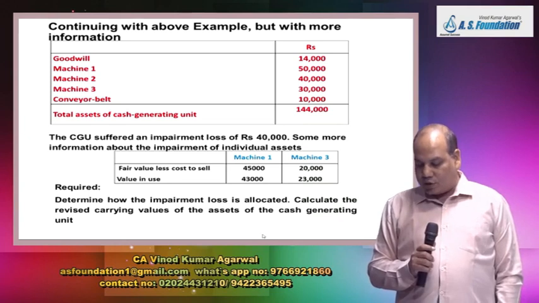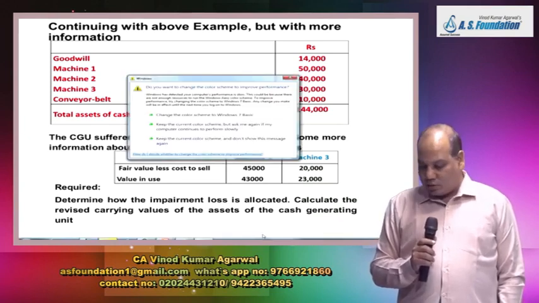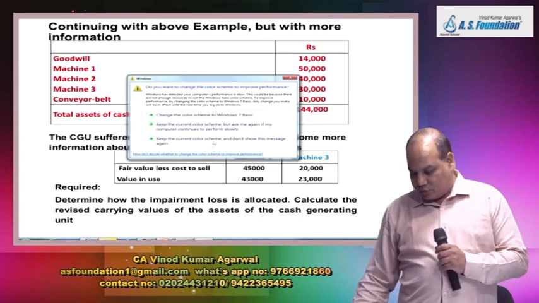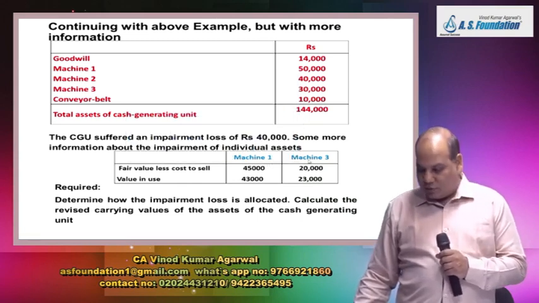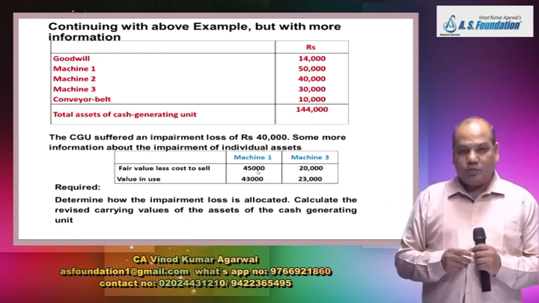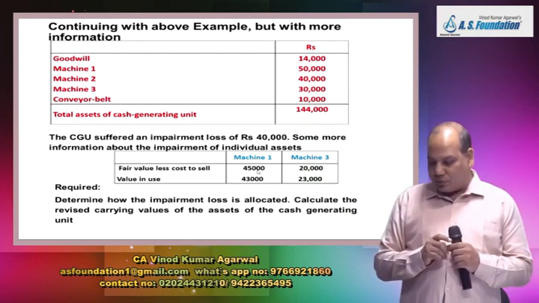Some more information about the impairment of individual assets. Write a little fast. Right hand side, write down machine 1, machine 3. They have given you the individual data also, so it is possible to calculate the recoverable amount.